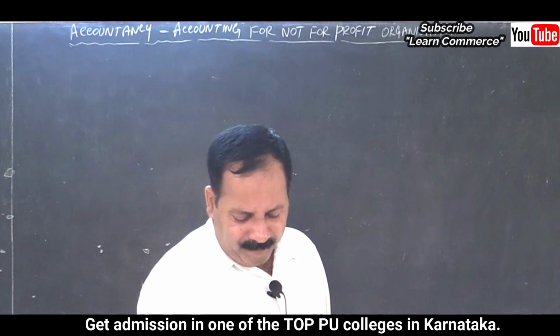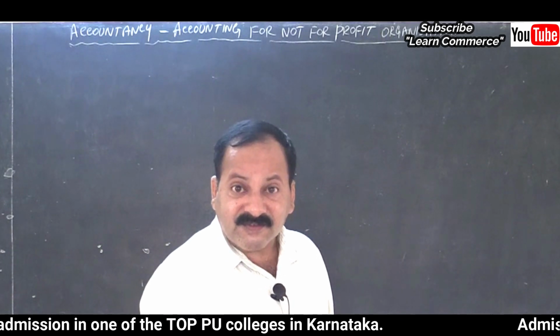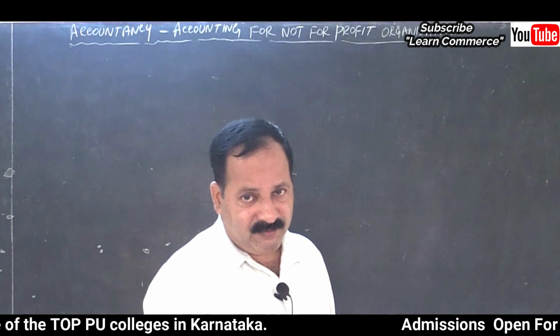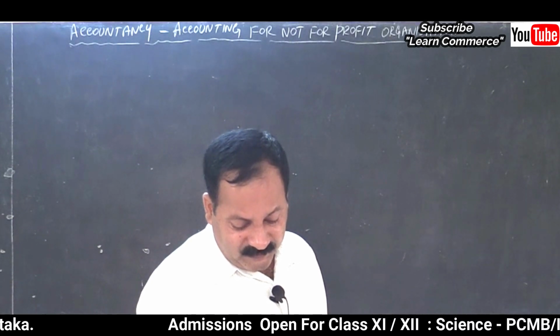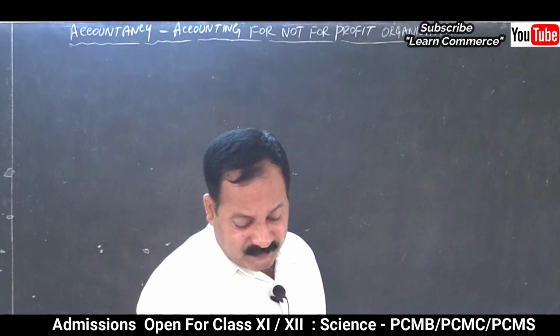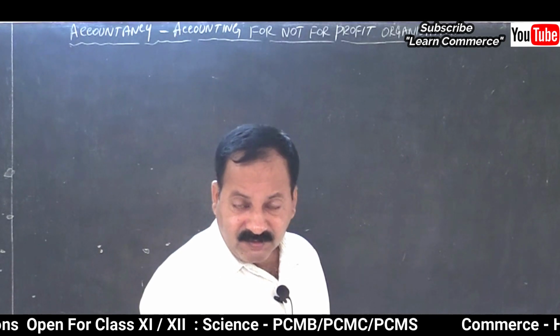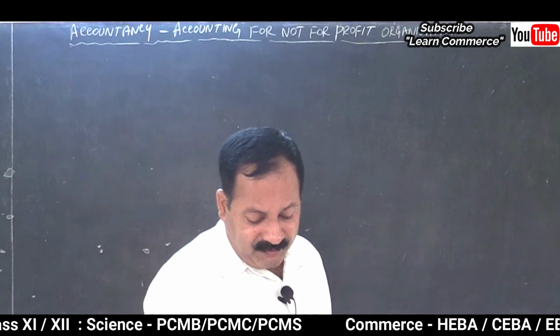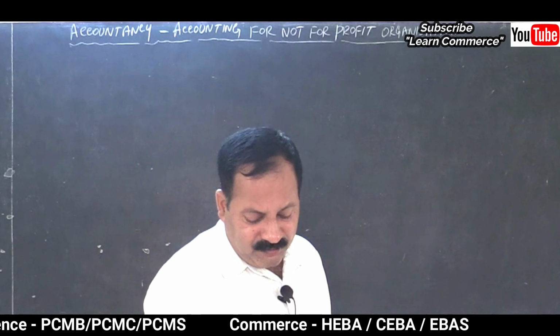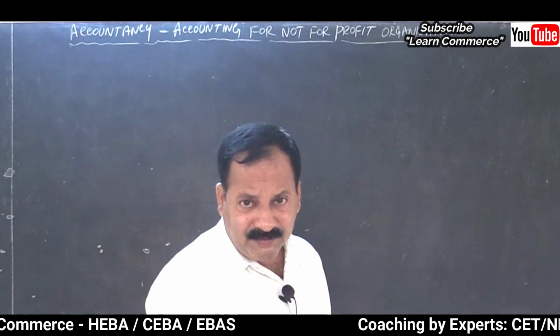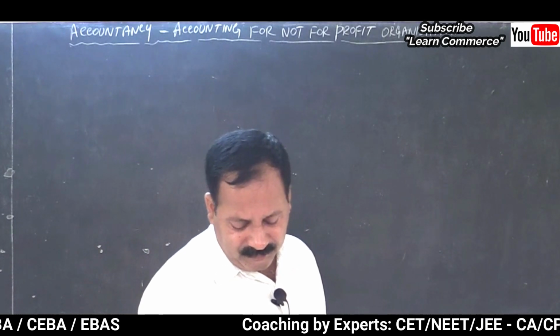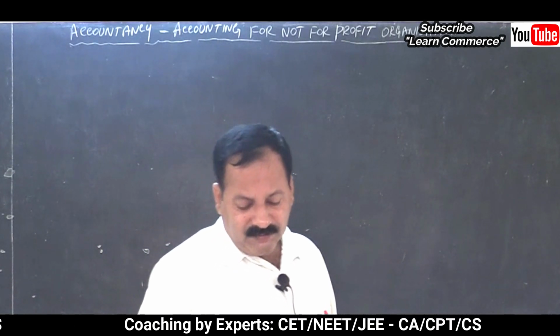Then rent from use of hall, 17,000. Rent is an income, correct? Yes. Subscriptions also income. Sale of old books, is it revenue?